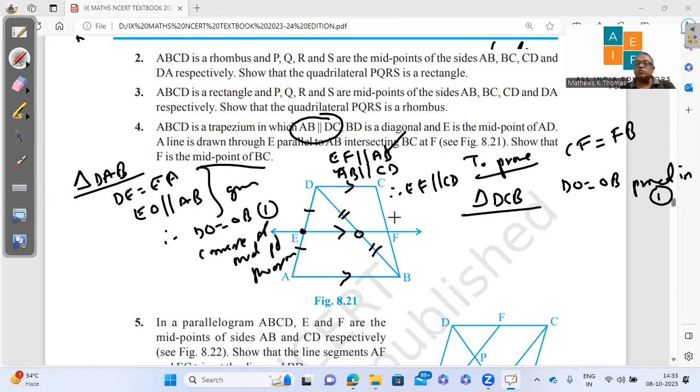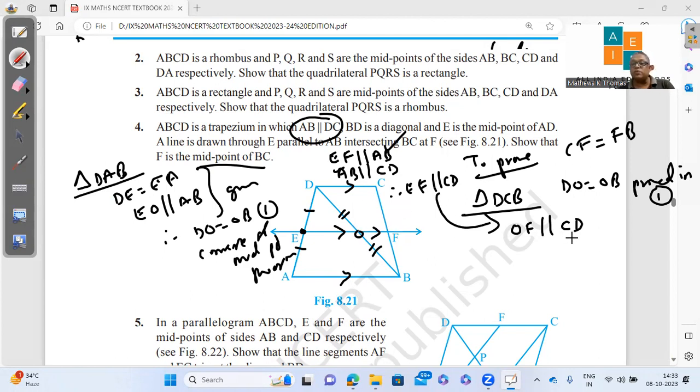Two lines parallel to the same line are parallel to each other. So AB is parallel to CD, and EF is parallel to AB. This means that EF will be parallel to CD. If EF is parallel to CD, then obviously OF will be parallel to CD, because OF is a part of that line.